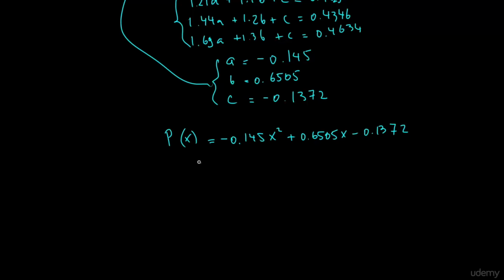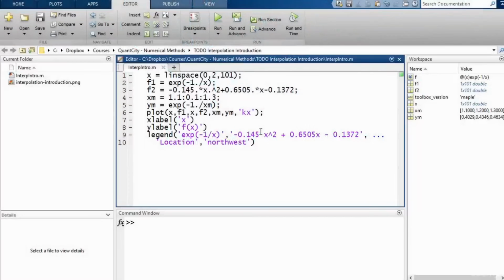So we essentially have a polynomial which at points 1.1, 1.2, and 1.3 gives us the same result. If you want the polynomial to be evaluated at a point like 1.15, you would simply plug it into the polynomial function here, and you would get an approximate estimate based on this polynomial interpolation.